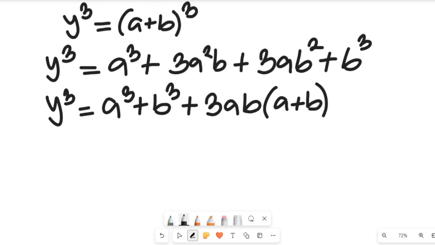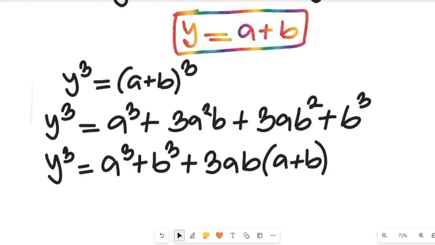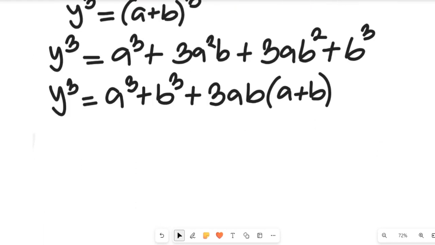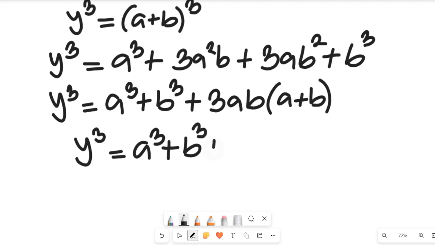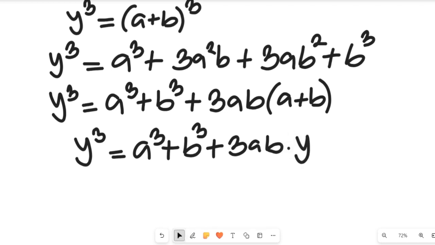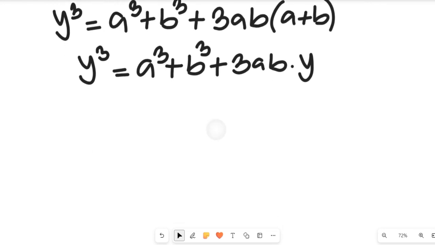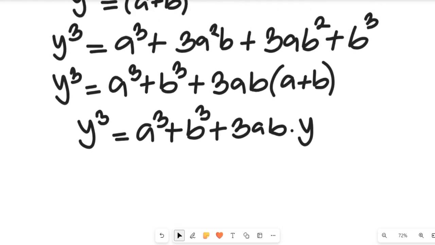And recall that from my initial expression, a plus b is equal to y. So this gives me y to the power of 3 equal to a to the power of 3 plus b to the power of 3 plus 3ab multiplied by y.